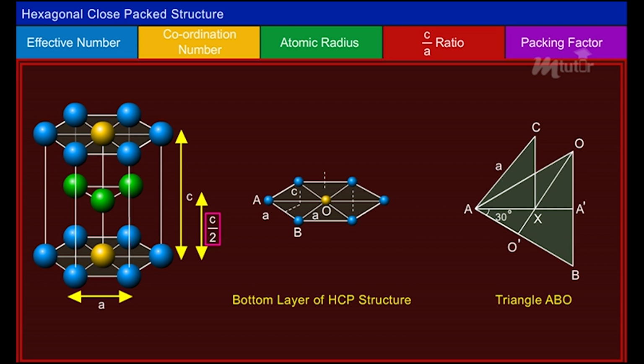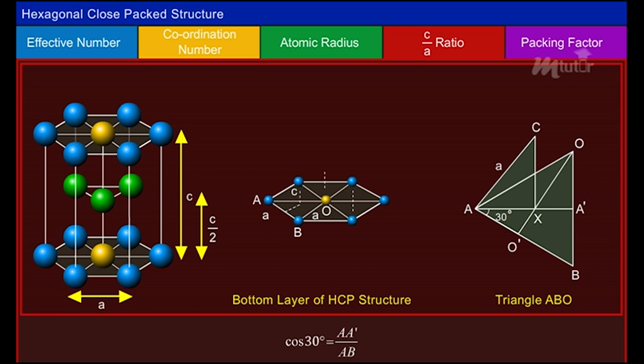From the figure, in the triangle ABO, cos 30 degree is equal to AA dash divided by AB. Therefore, AA dash is equal to A root 3 divided by 2. But AX is equal to A divided by root 3.